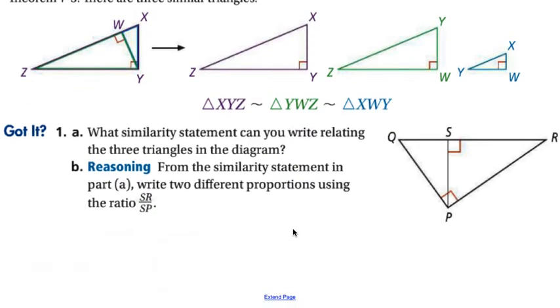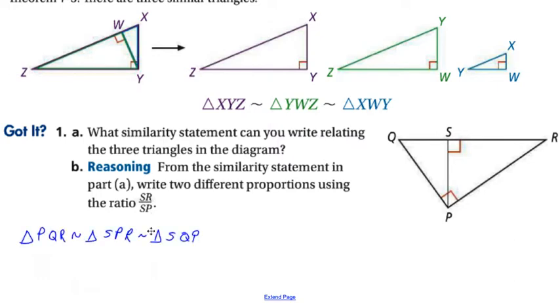All right, so here's one for you to try. What similarity statement can you write relating these three triangles in the diagram? It's a right triangle with an altitude. And then from the similarity statement in part A, write 2 different proportions using this ratio.